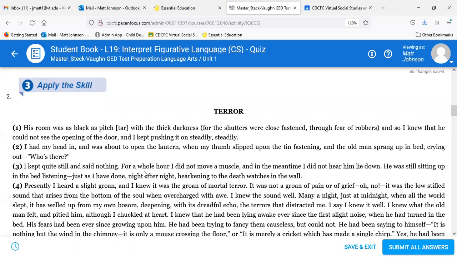I had my head in and was about to open the lantern when my thumb slipped upon the tin fastening, and the old man sprang up in bed, crying out, "Who's there?" And I kept quite still and said nothing for a whole hour. I did not move a muscle, and in the meantime, I did not hear him lie down. He was still sitting up in the bed listening, just as I have done night after night, hearkening to the death watches in the wall.